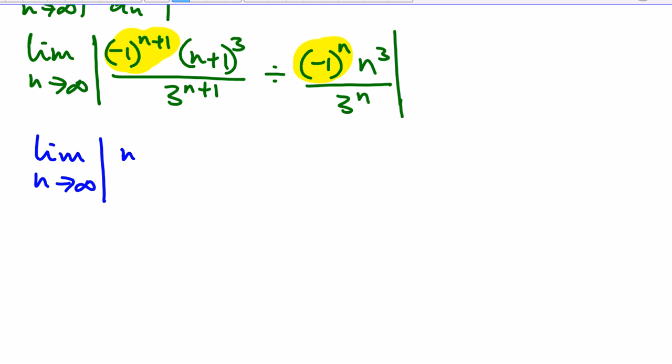Now here I'll have n plus 1 to power 3 over 3 to power n plus 1. Now I'm going to change this to multiply and just take the reciprocal of that, 3 to power n over n cubed.